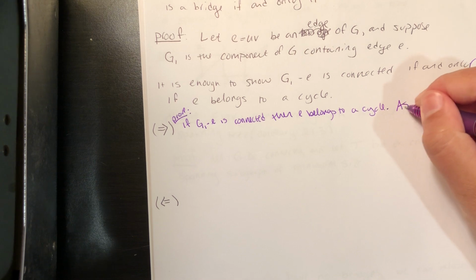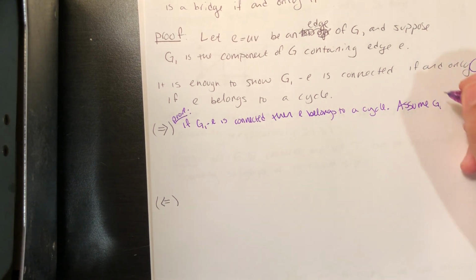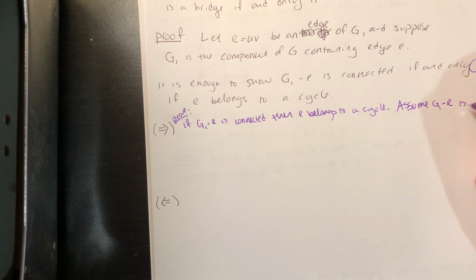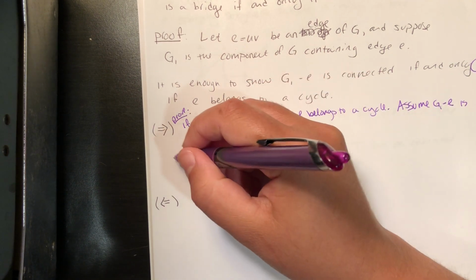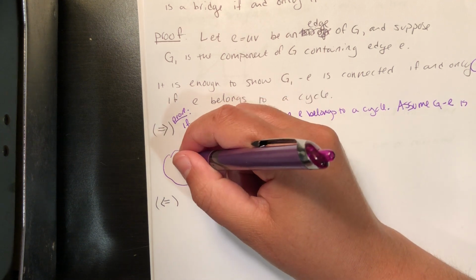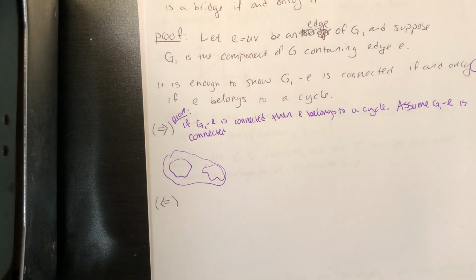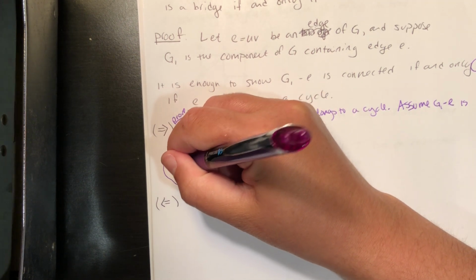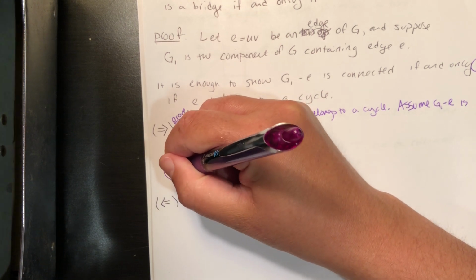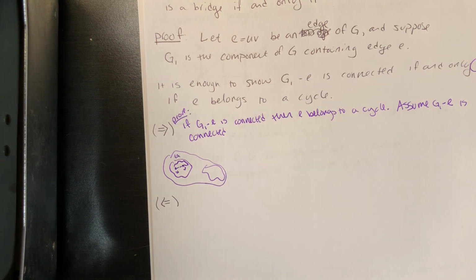So we assume that G1, remember that's the component that contains the edge E, minus E is connected. Here's our larger graph G if we want a picture of it. Maybe it has several components, maybe the component is just the entire graph itself. But on this component G1, if we were to remove the edge E, it is still going to be connected.